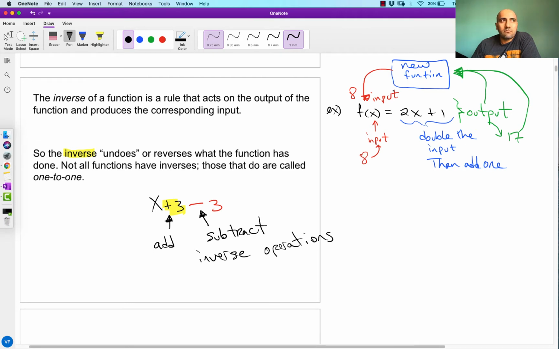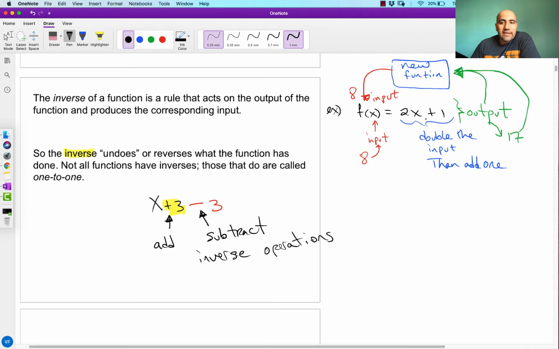So not all functions can be undone, another way to put it. So first we have to decide if it's a function that can qualify to have an inverse function. Next, we might be asked to find that inverse function. Next, we might be asked to confirm that it works. And then next, we're going to be asked to graph them and see what relationships exist between them. Right? That's what this section is all about.